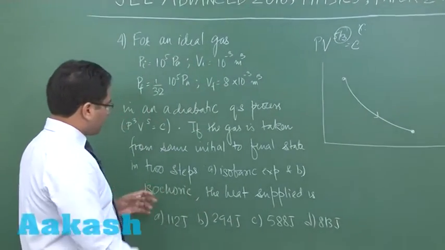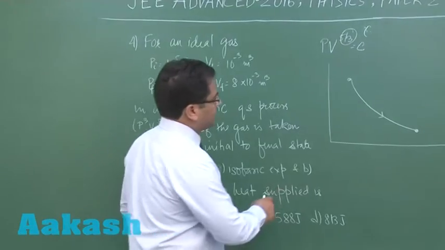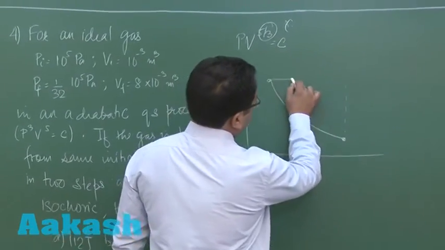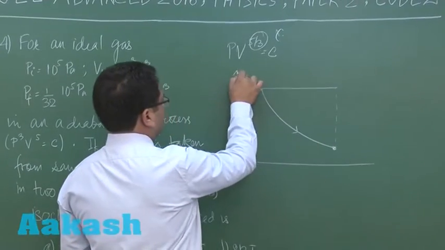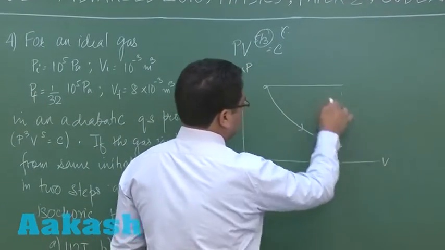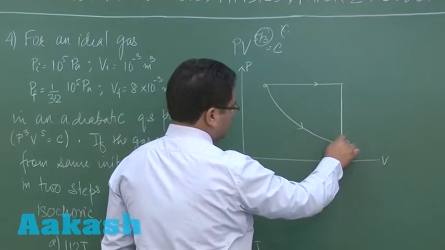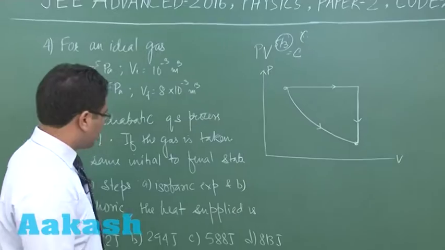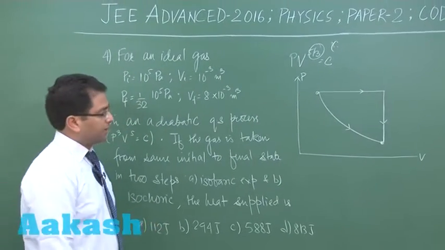Now, we got to see this time at the second case, instead of taking through the adiabatic one, it's first expanded in this way isobarically and then brought back to the initial state through this. And in this, we need to calculate the heat supplied.